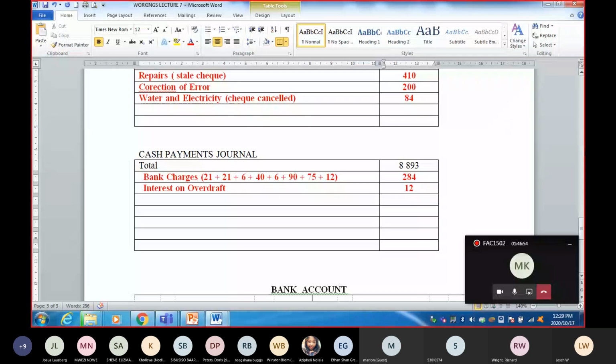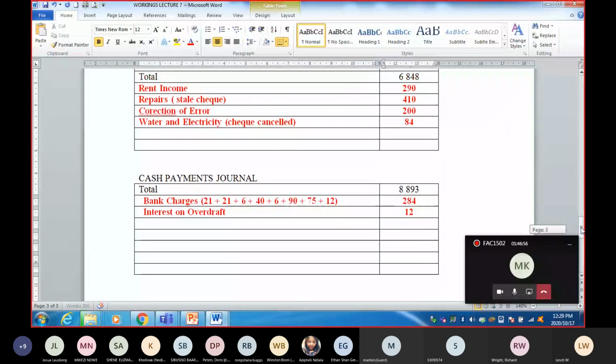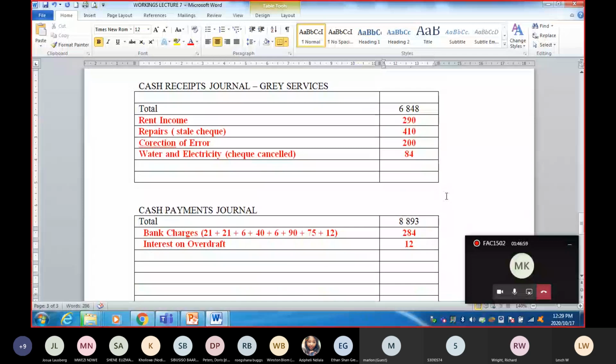Right, students, I have now updated all my records here. My cash receipts journal has now been updated. The new total now in my cash receipts journal will be 7,832 Rand.